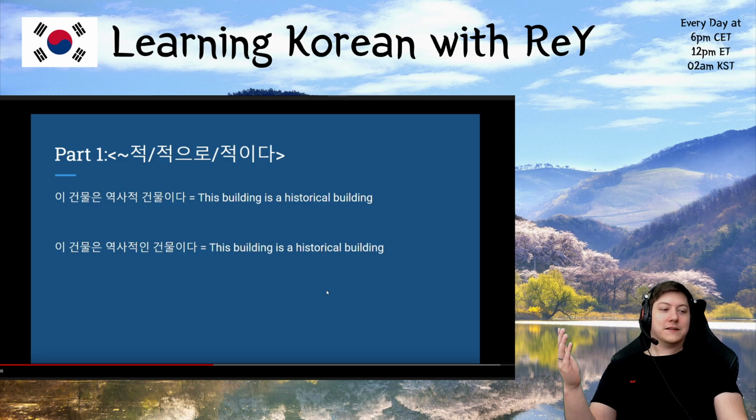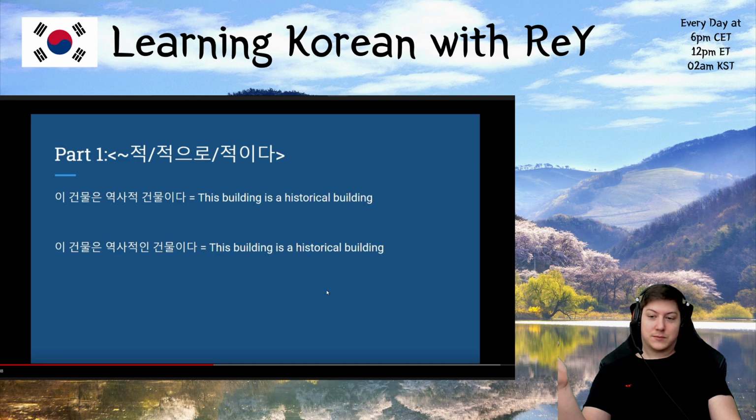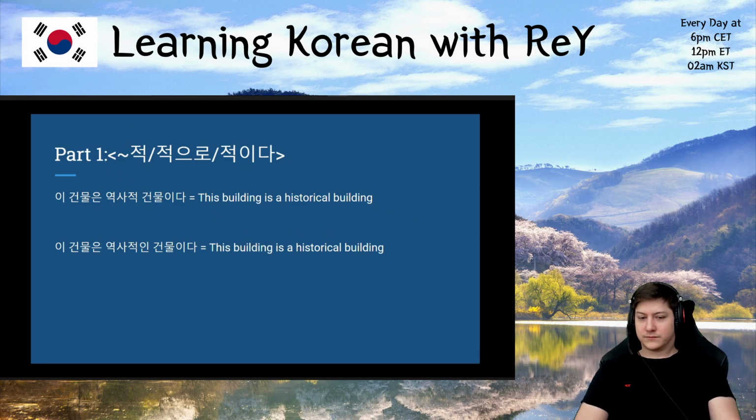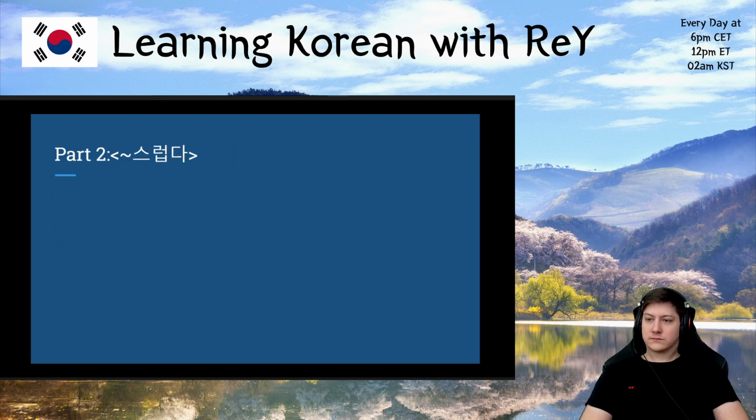Okay, so he's saying it's the same translation, but one is more natural. So he's basically saying they're exactly the same, but use this one. Use jokin instead of jok. But they're both the same. So why would I ever need to learn jok?